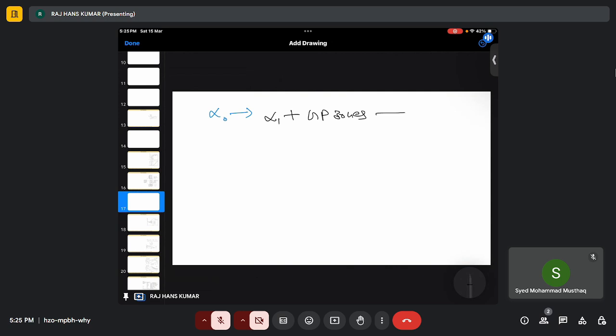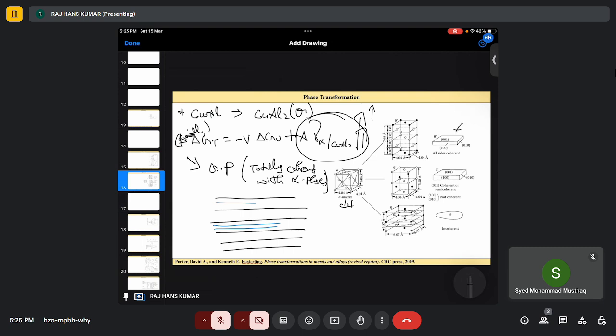Again, if we give enough time, these GP zones will give out their atoms, and there is a formation of theta double prime. Now, what is theta double prime? They form spherical-like, or here plate-like structures. Again, you can see all sides are coherent.